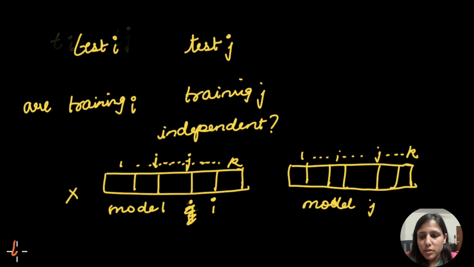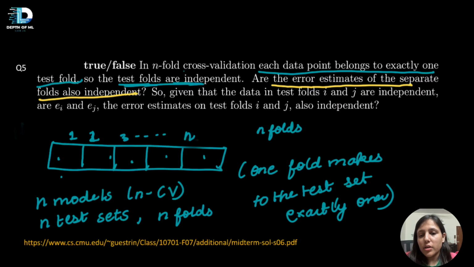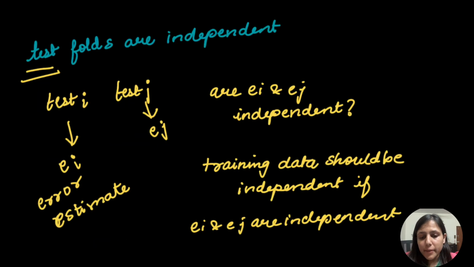I'll highlight the test fold with this color. So for model I, the test fold is this, and here for model J the test fold is this, correct? But see one thing: fold I is being used for training in model J, and fold J is being used to train model I. So their training sets are not independent, and hence your error estimates are also not independent, right?